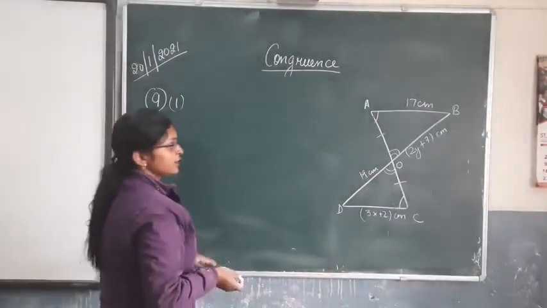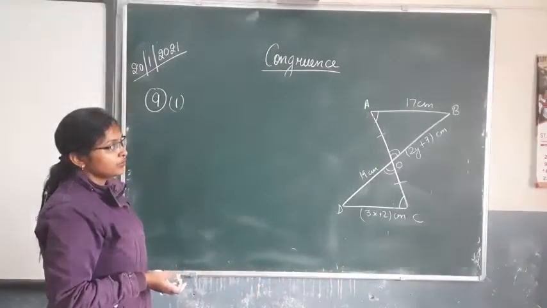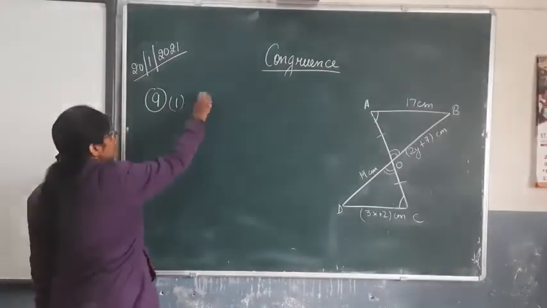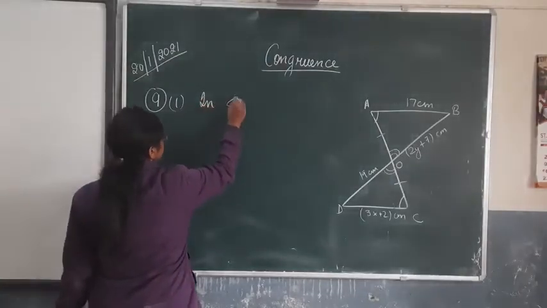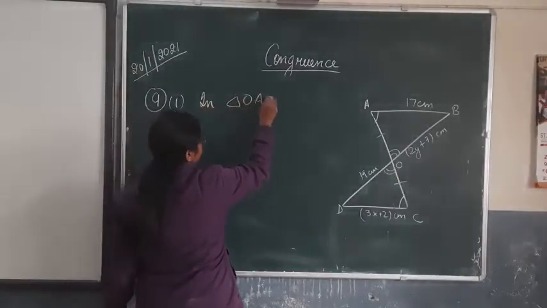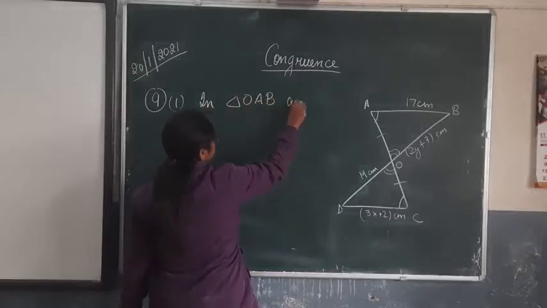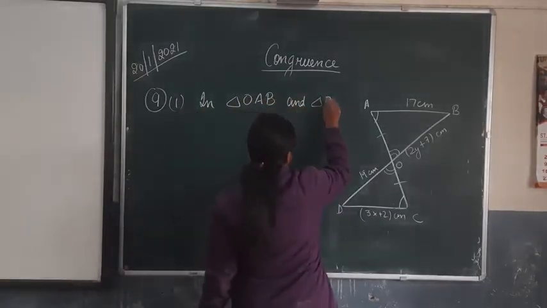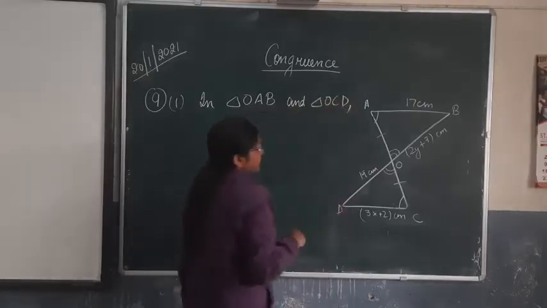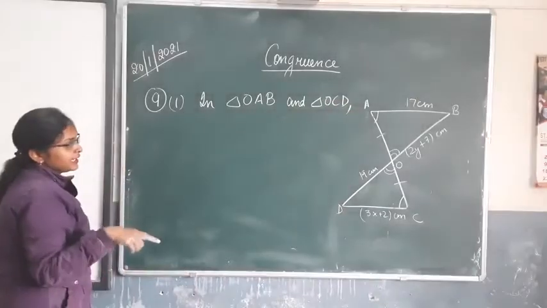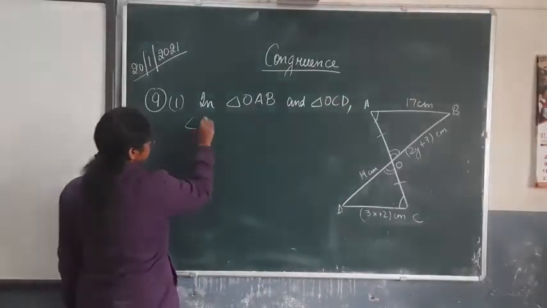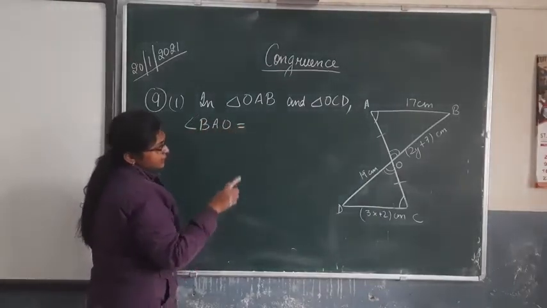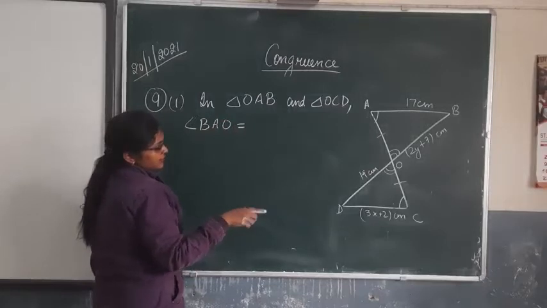Okay. So first of all, let's prove that triangle AOB is congruent to triangle COD. So in triangle OAB and triangle OCD, in these two triangles, angle BAO is equal to angle DCO.